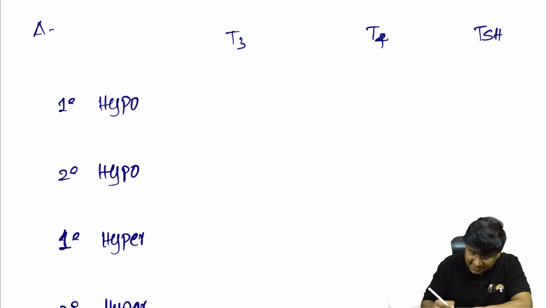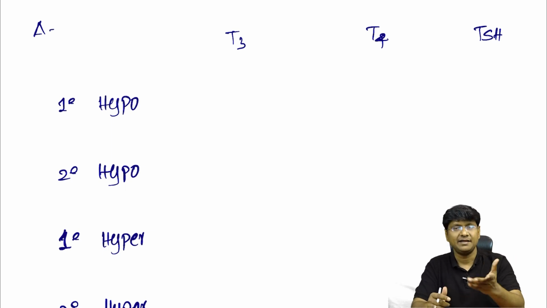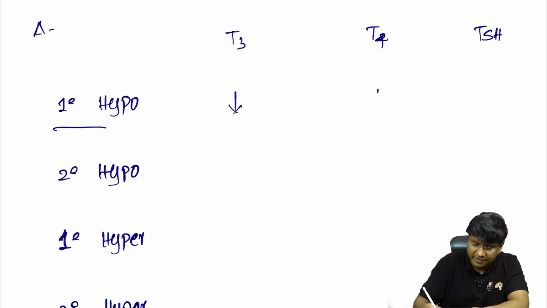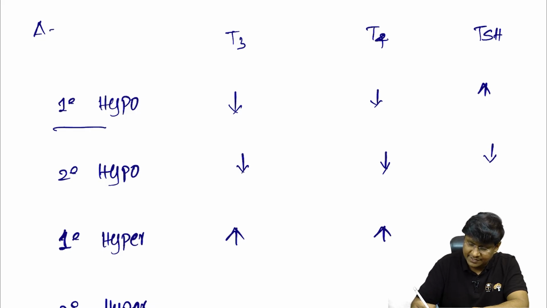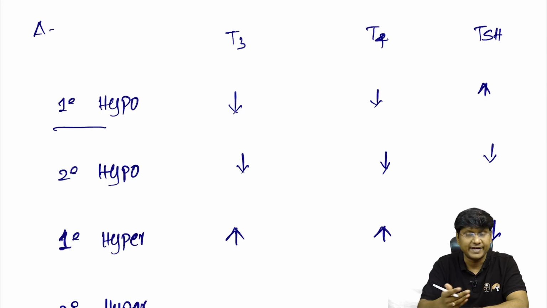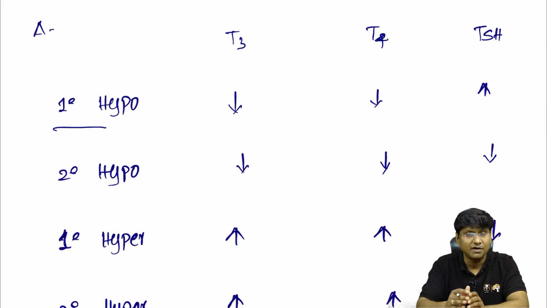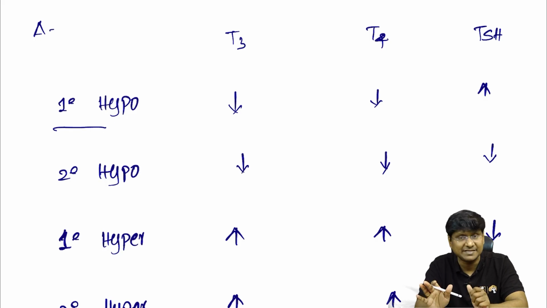So primary means the pathology is in the gland, secondary means the pathology is in the anterior pituitary. In primary hypo, T3, T4 will be reduced and TSH will be increased, whereas in secondary hypo, everything will be decreased. Whereas in primary hyper, T3, T4 will be increased, the TSH will be reduced, whereas in secondary hyper, everything will be increased, right?